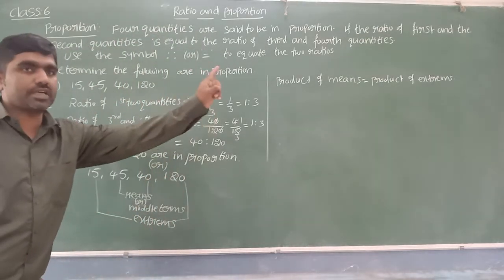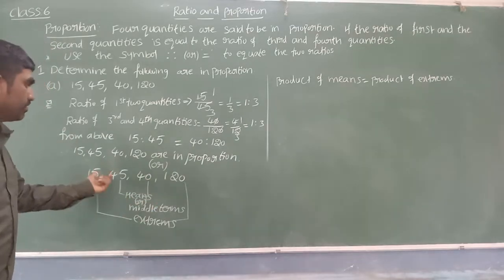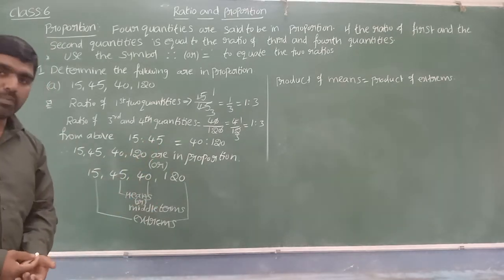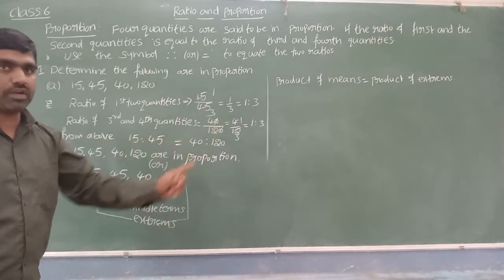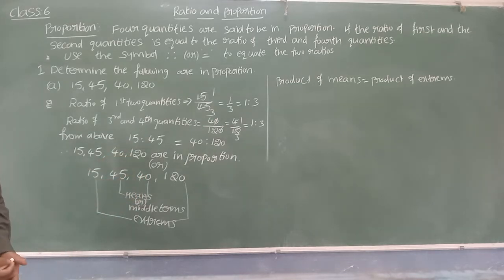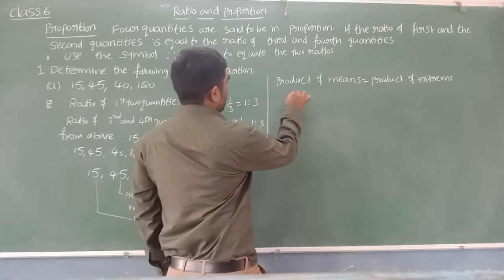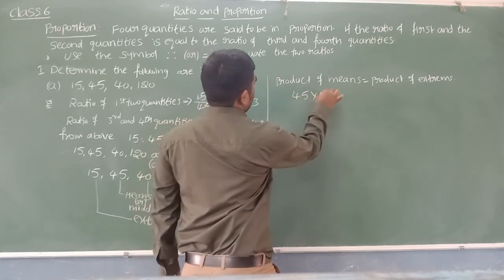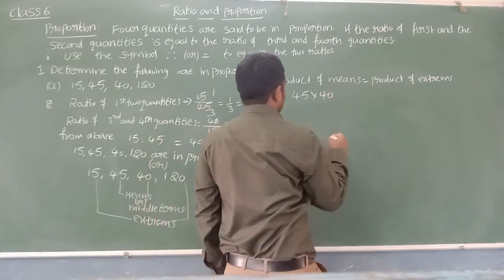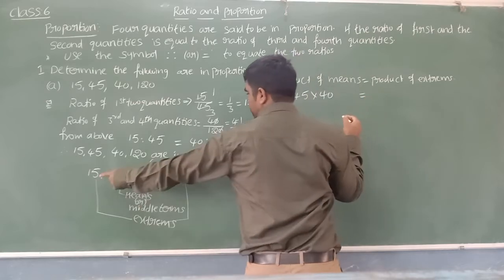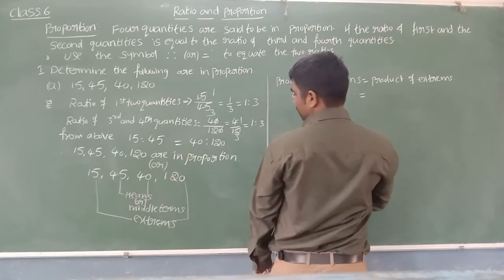If both LHS and RHS are equal, then we can say the given four quantities are in proportion. If they are not equal, the given four quantities are not in proportion. So let us multiply the means. 45 into 40. The product of means is equal to the product of extremes, 15 into 120.